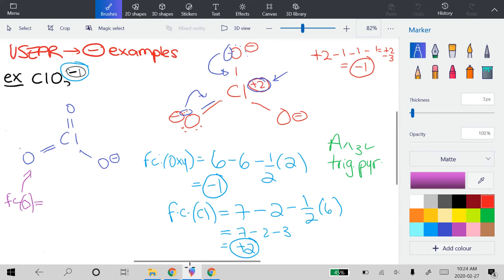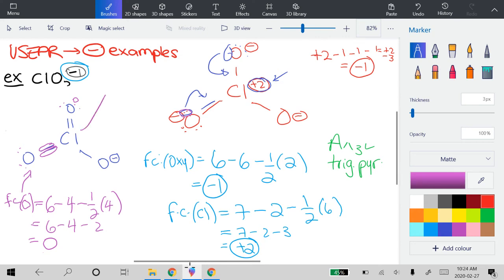So the double bonded oxygen will only have 4 lone electrons because I gave up 2 of them into that double bond. So group 6 minus 4 lone electrons minus half of the 4 electrons in the bonds. That's 6 minus 4 minus 2, so that's our 0. This one will also be 0 because it's bonded the exact same way with 2 lone pairs and 2 bonds.